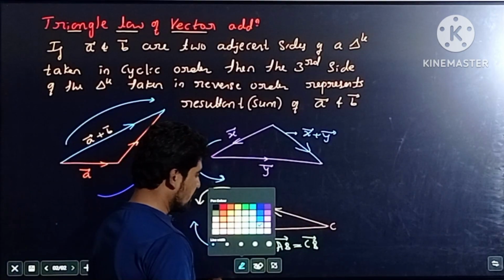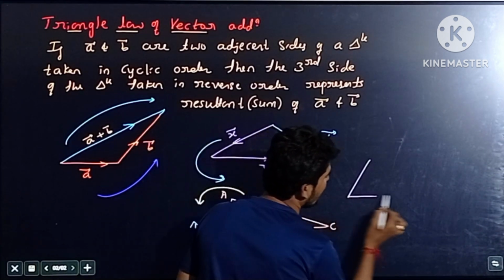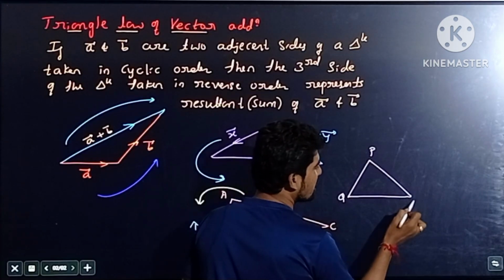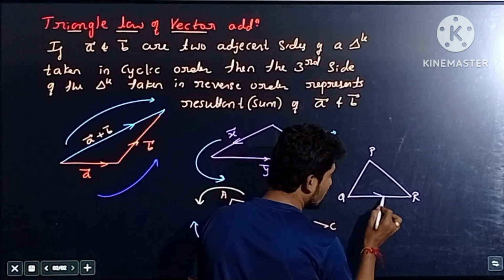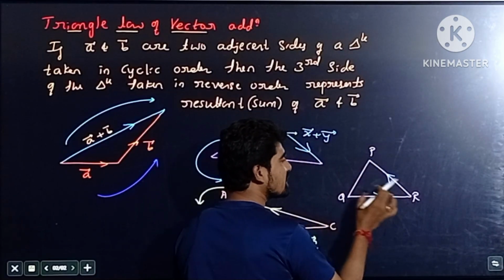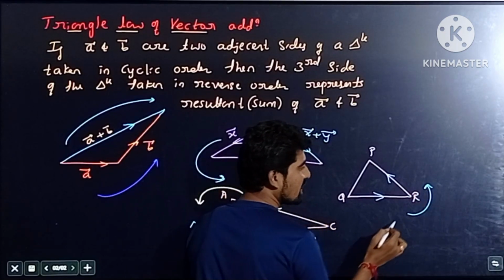Let us consider one more example. Suppose PQR is a triangle. In that, QR vector and RP vector are the two adjacent sides of the triangle PQR taken in a cyclic order.